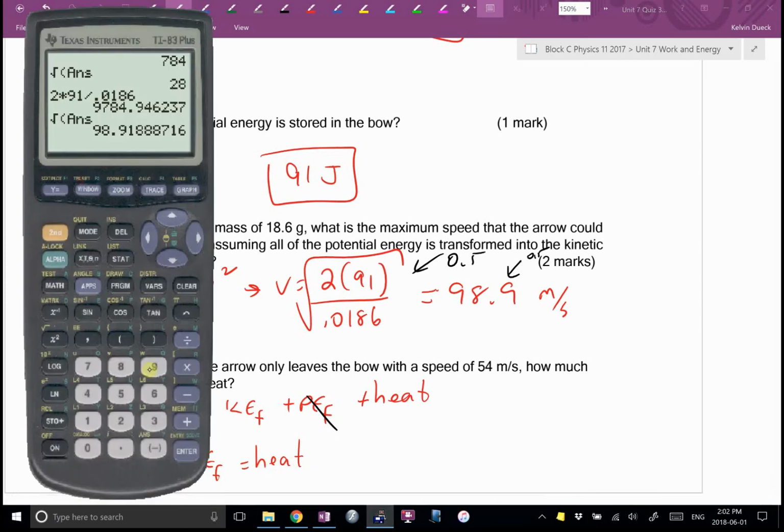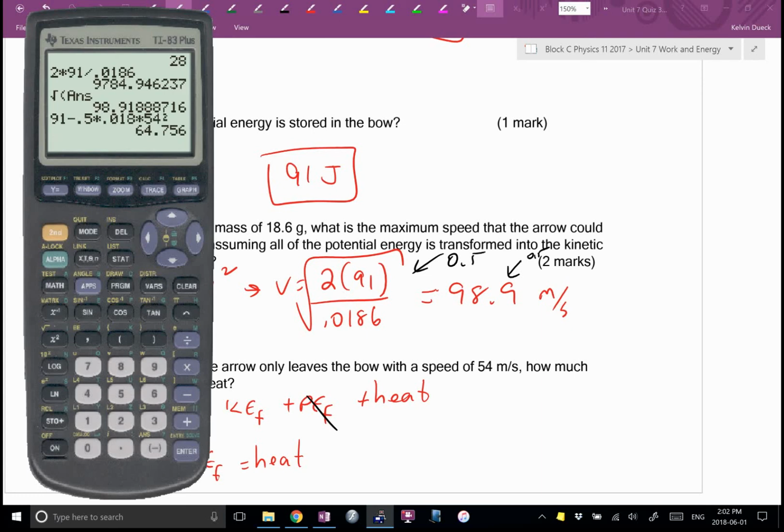Potential energy initial was 91 minus a half mv squared. We lost 64.8. Is that right?